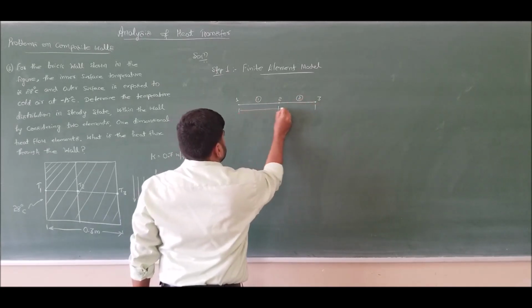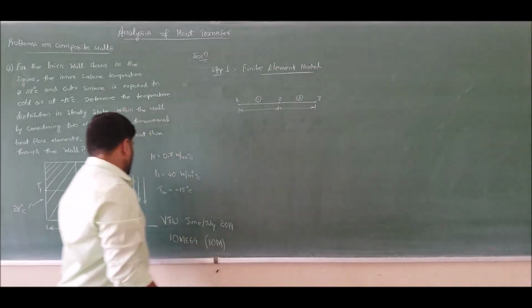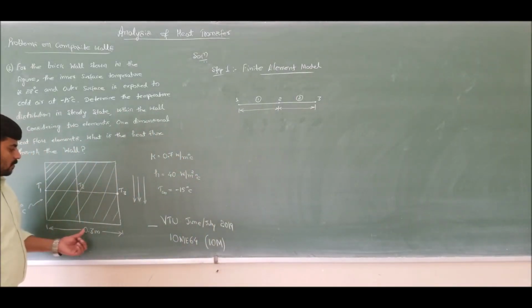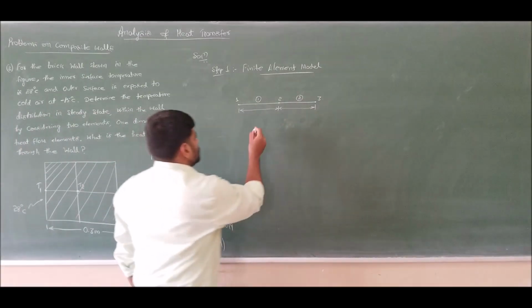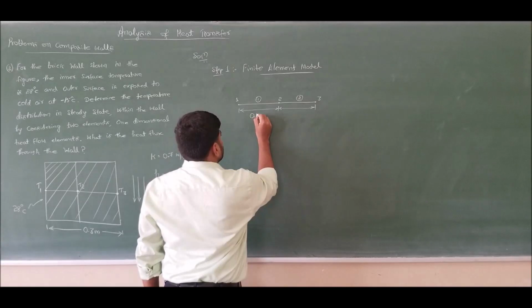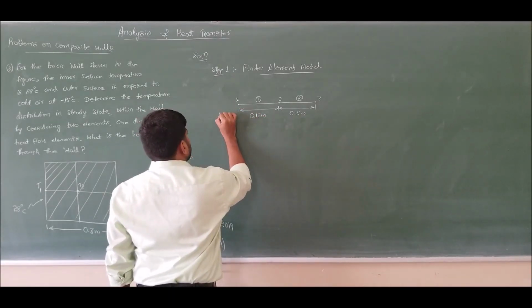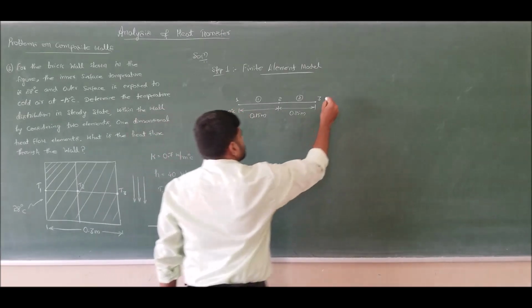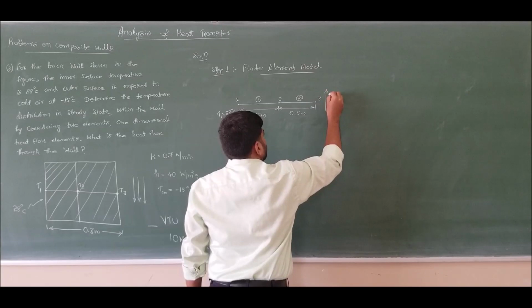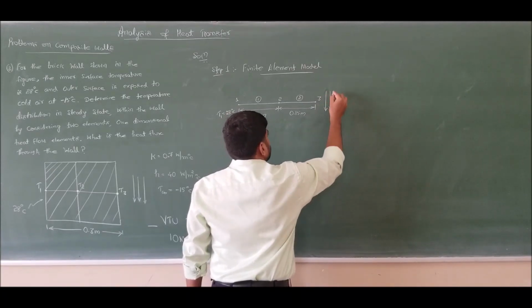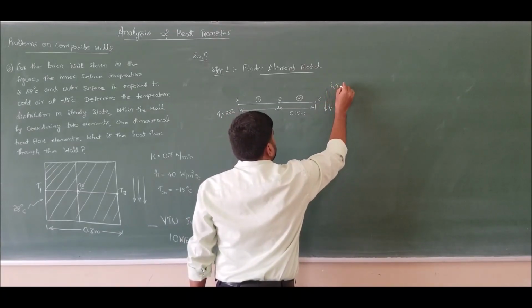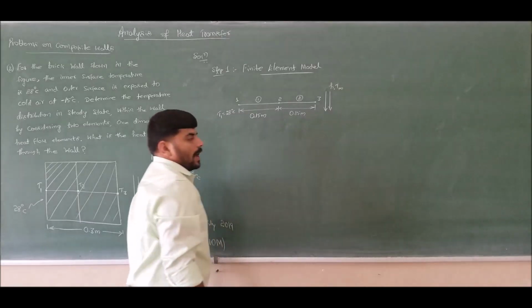The overall length is 0.3, so let us take each element as half of the overall length, which gives 0.15 meters and 0.15 meters. At node 1, we have a specified temperature boundary condition, T1 is given as 28 degrees Celsius. At node 3, we have a convective boundary condition, where we have specified the values of the convective transfer coefficient and the ambient temperature.